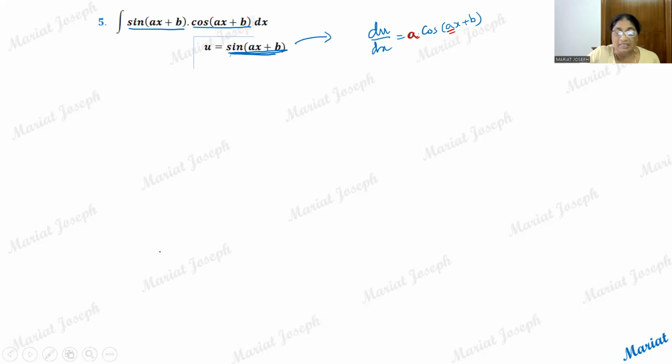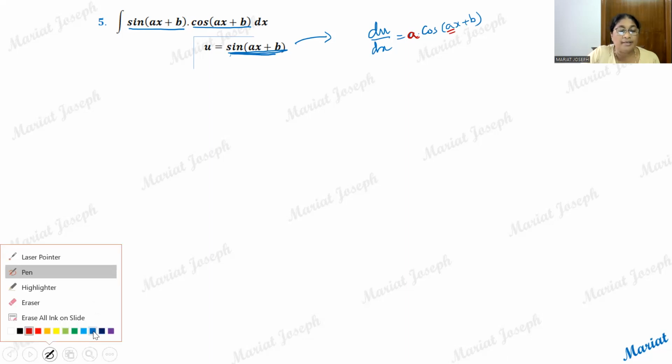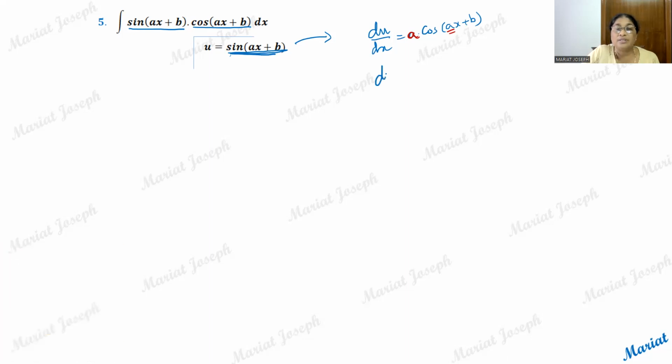So if you cross multiply, what is du going to be? Du is equal to a cos of ax plus b into dx. That a is extra there, which we don't want. You know why we don't want it? We have cos of ax plus b and dx only there.